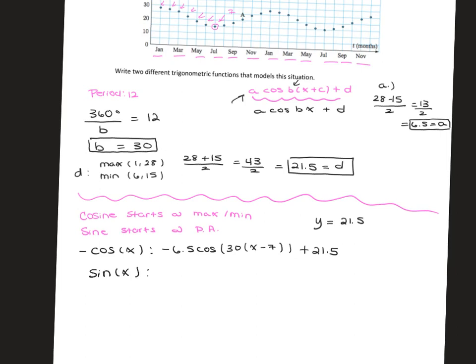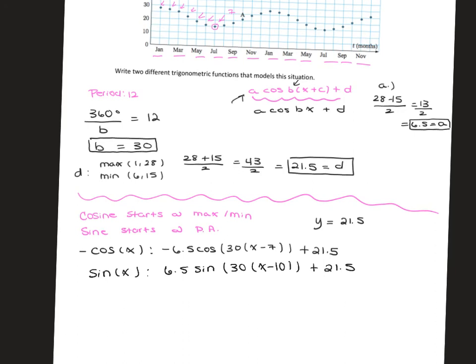No reflection is necessary here, because if we translate all the way over to October, then we start at the principal axis, just like a normal sine function starts at the principal axis. So in this case, we have 6.5 sine of 30 times (x minus 10), because 10 over from that first point is October, which is the principal axis, plus 21.5.